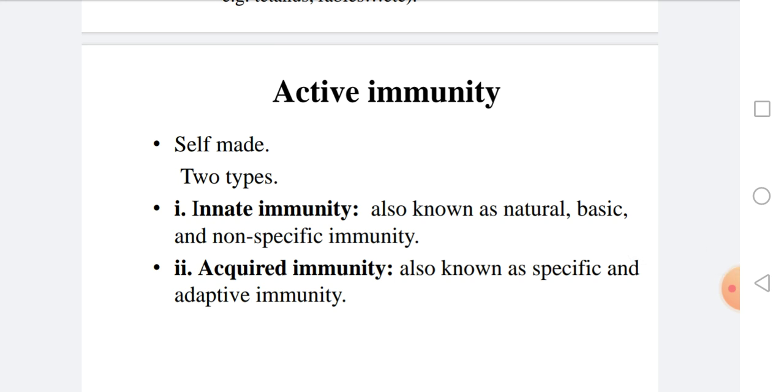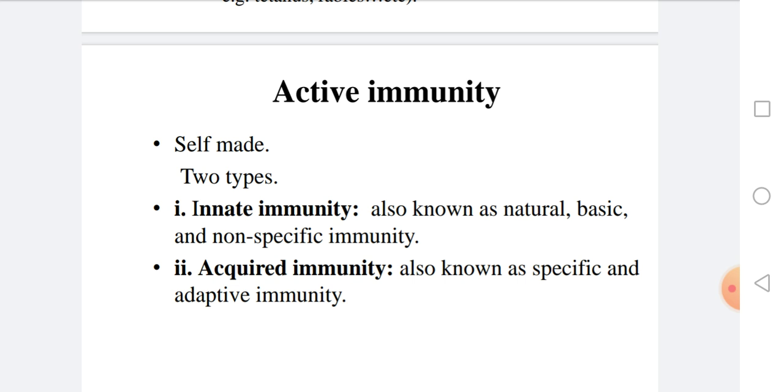Active immunity. This is self-made. Two types. One, innate immunity, also known as natural, basic, and non-specific immunity. Two, acquired immunity. This is gained by the body after antigenic stimulation to the immune system.